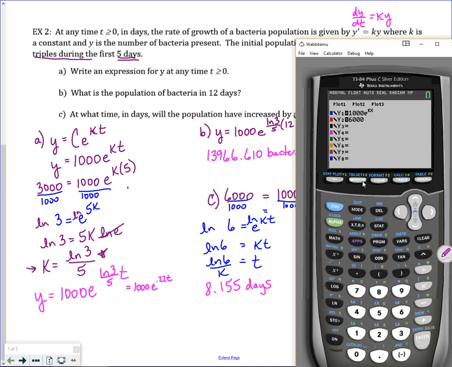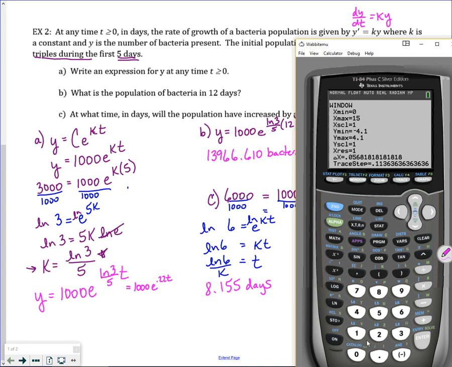I don't want you to be fumbling around with that, but you look at the number of days and you go, okay, it triples the first 5 days. It's trying to get to 6,000, so you kind of estimate that. If it's multiple choice, you kind of look at the answers and that helps. So you think, maybe like 15 days or so. The y's you shouldn't have to guess at, because you're trying to get to 6,000, so let me just go to 6,500. As long as it's over 6,000, you're good.